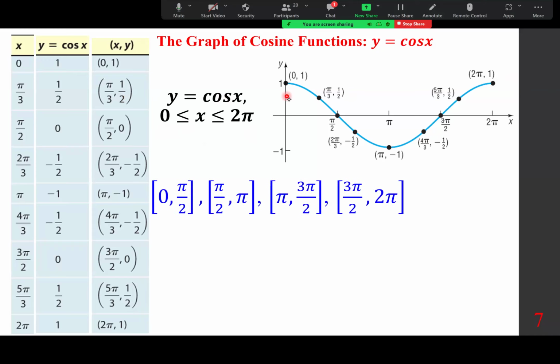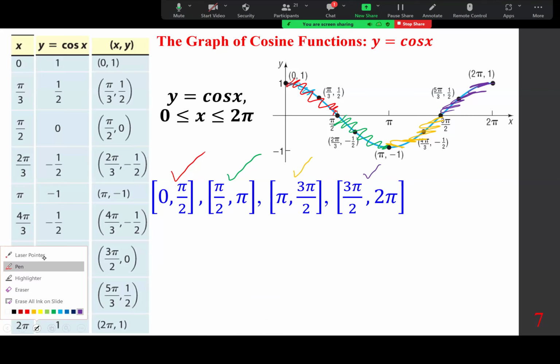Again, let's look at 4 arcs. This part, this part, this part, the last part.